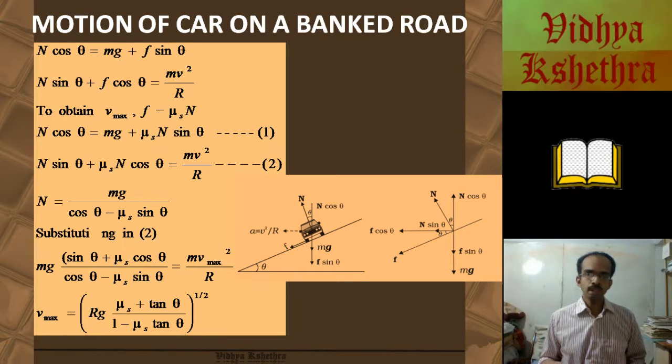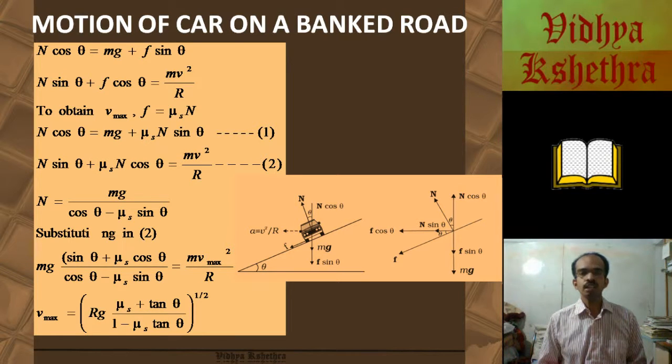From equation 1, we can find the value of normal reaction N. That is N is equal to mg divided by cos theta minus mu s sin theta. Now substituting this value in the second equation, we get mg into sin theta plus mu s cos theta by cos theta minus mu s sin theta, that's equal to m V max square by r.